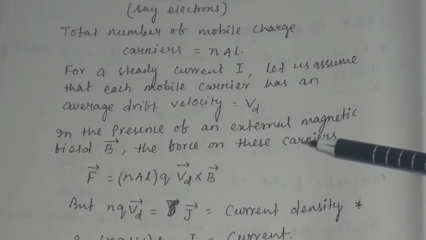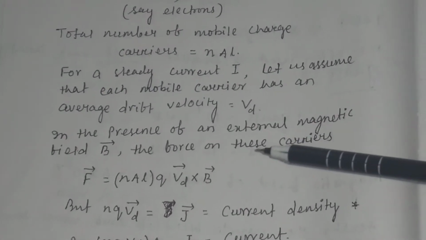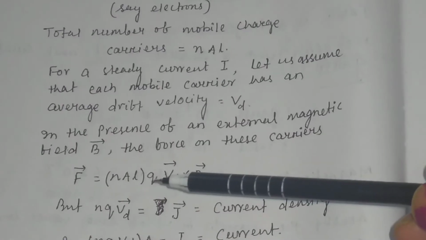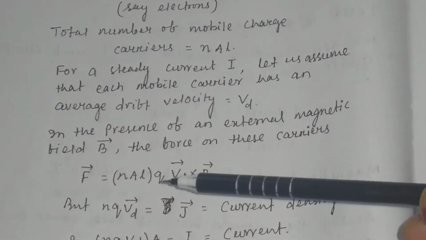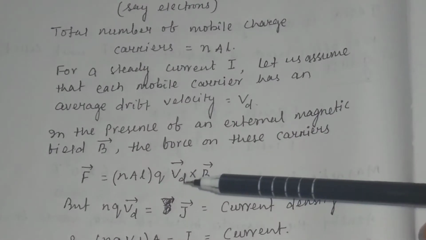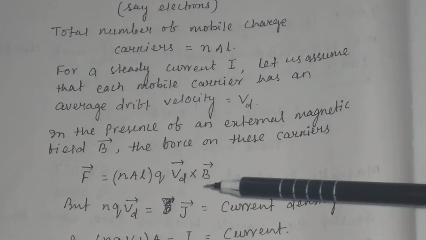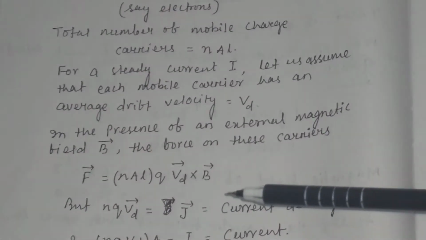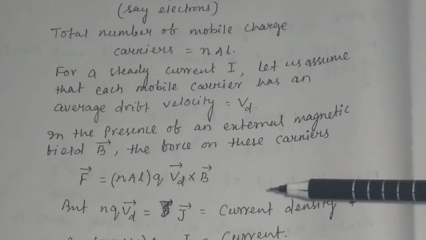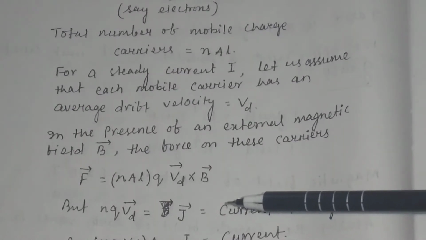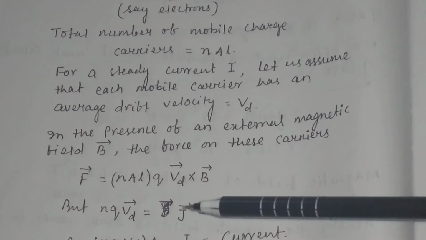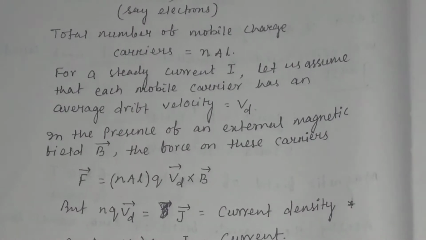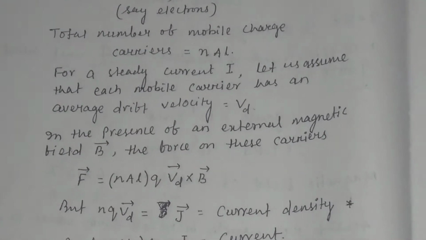So in the presence of an external magnetic field B, the force on these carriers will be F equal to nAL into q Vd cross B. But n q Vd is equal to the current density, and we have discussed this current density, how J is equal to n q Vd, in the drift velocity video.